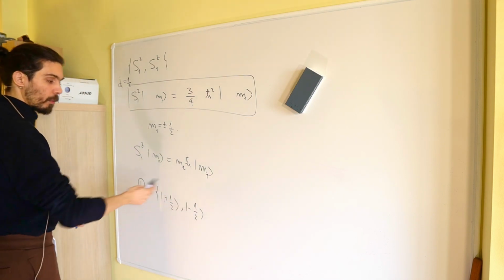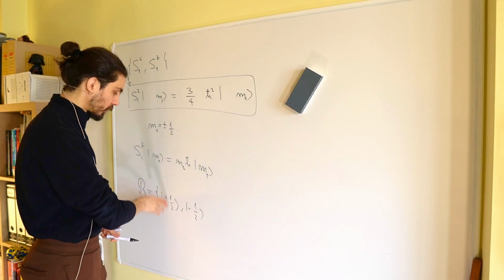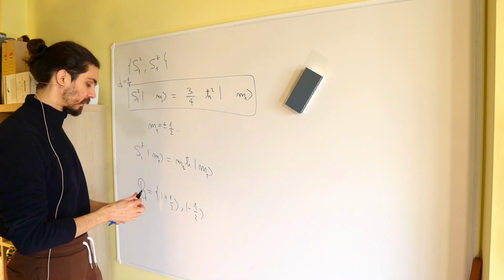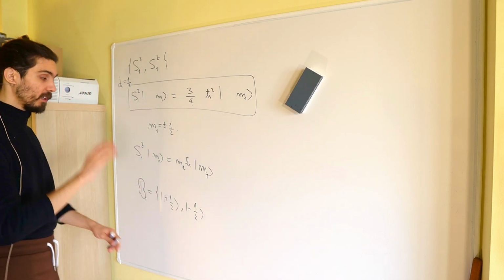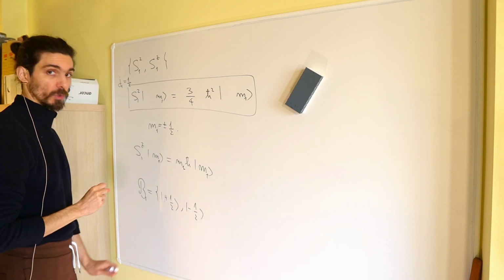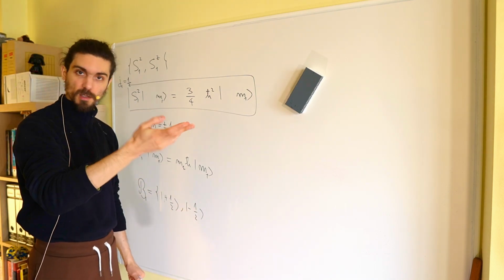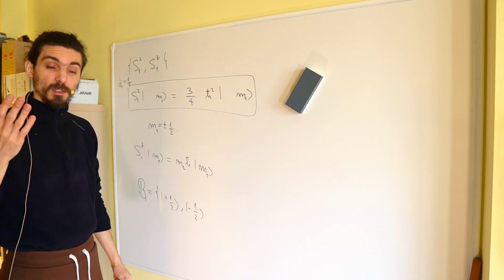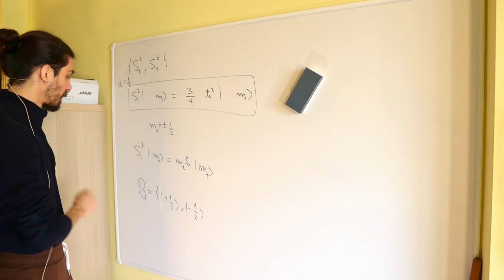Sometimes instead of plus 1/2 or minus 1/2, people just use arrows, arrow up and arrow down, or plus or minus. This was already discussed in the previous lecture, but I'm going to keep the notation of plus 1/2 and minus 1/2, because it's going to be easier to do the calculations, especially if this is the first time you're seeing this.